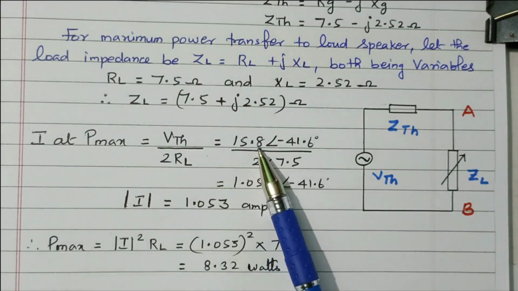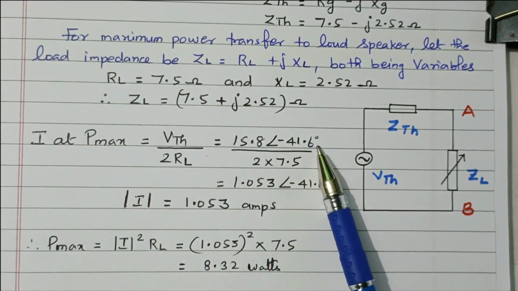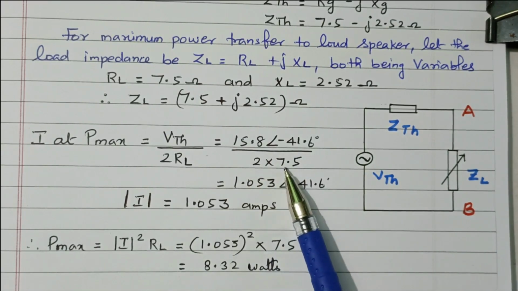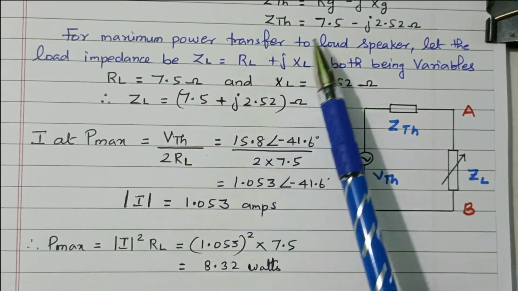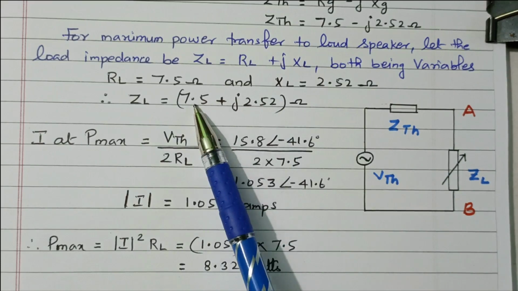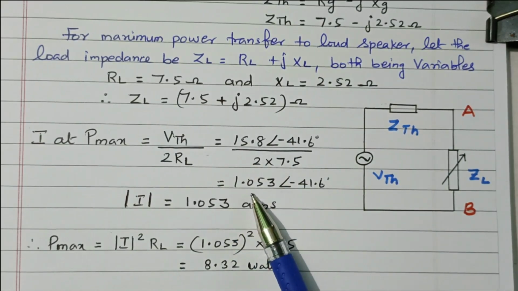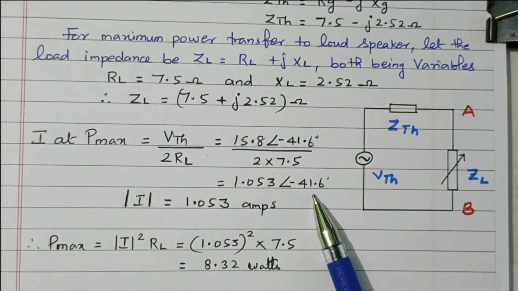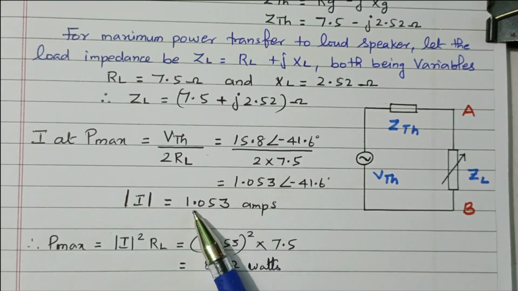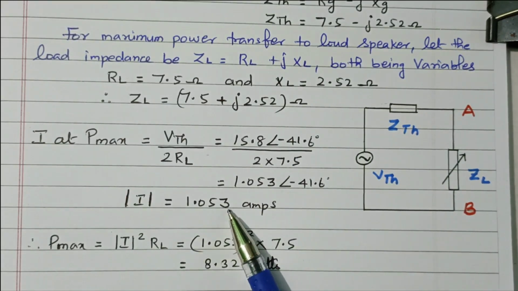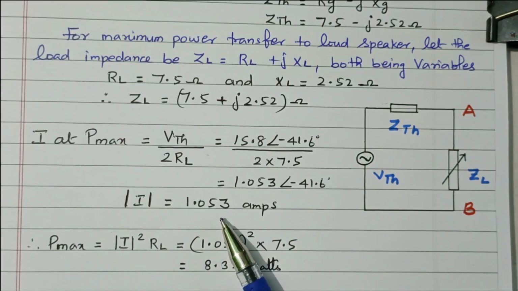So 15.8 angle 41.6 V Thevenin value divided by 2 into 7.5. The value is 1.053 with an angle 41.6, so the magnitude is 1.053 ampere. This is the current flowing through the loudspeaker.